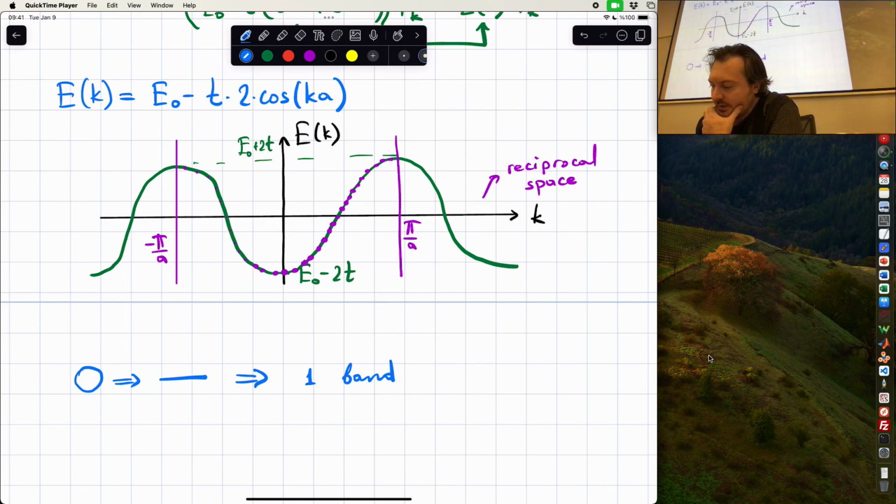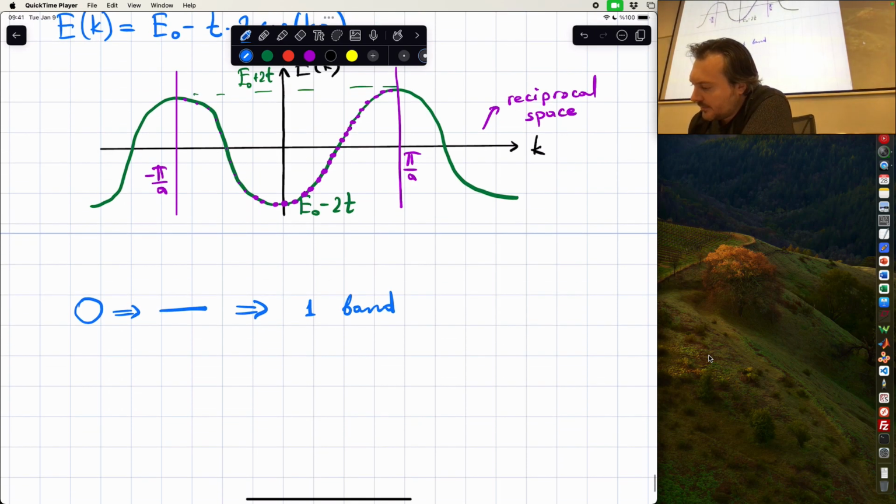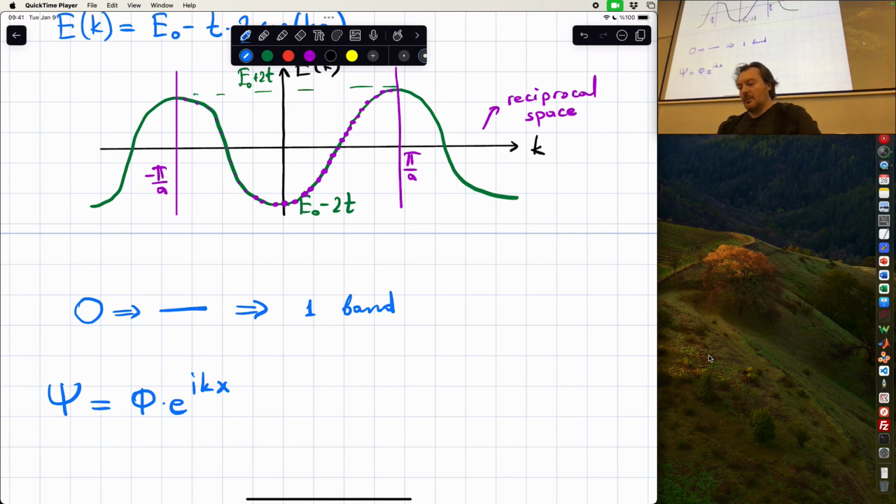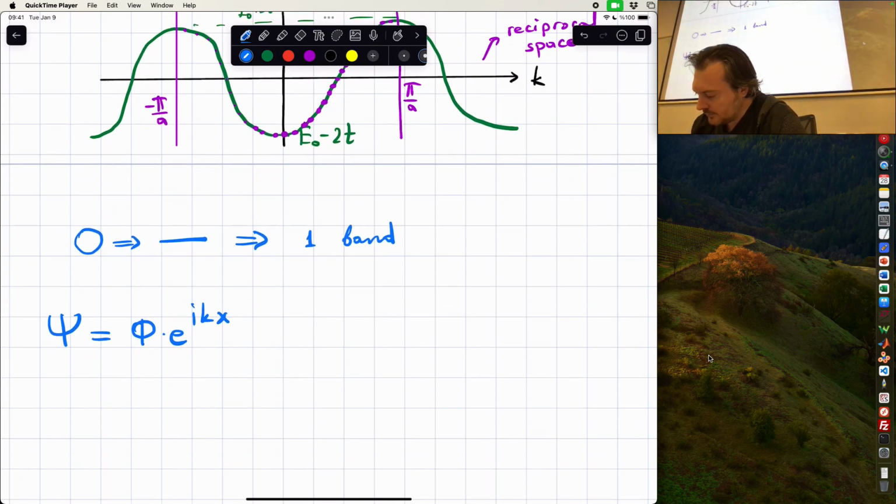There are other things that are very interesting here. For example, if I have phi written as some phi times e to the ikx, right? I will not prove this, okay, but I will just give you some idea of what's happening.